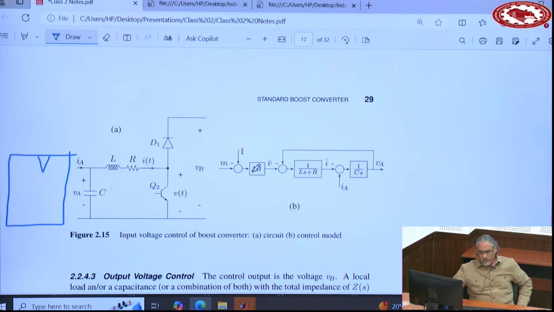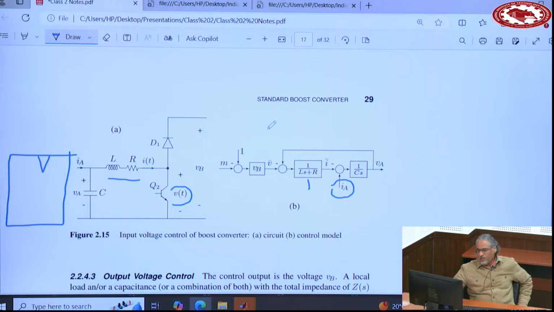(1 minus M) into VB gives you V bar, the voltage across this transistor. V bar minus VA, or VA minus V bar, is the voltage across the inductor, and divided by the impedance of the inductor that gives you the current flowing into this inductor. This current minus this current becomes the current flowing into the capacitor. You can consider this as an external current that comes from the PV, and VA is the variable that you want to control.